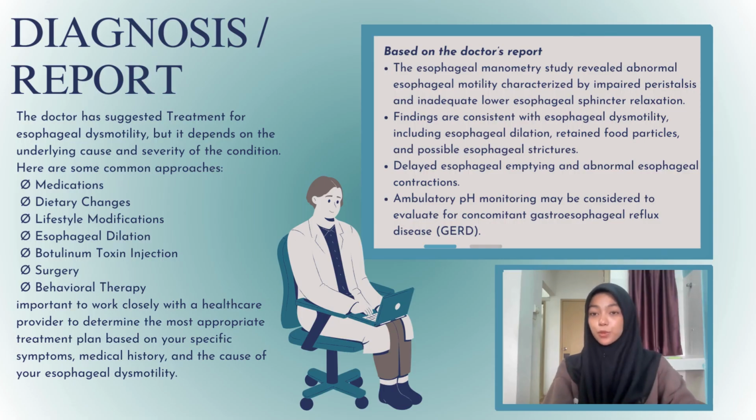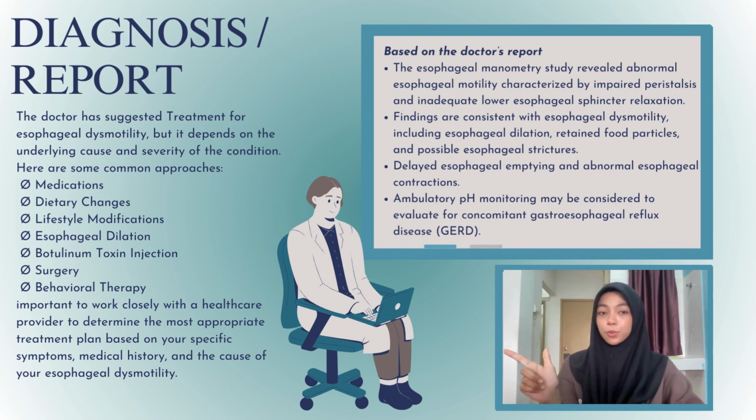After going through all the procedure and image analysis, we're here now with the doctor's report. Based on the doctor's report, the esophageal manometry study revealed abnormal esophageal motility characterized by impaired peristalsis and inadequate lower esophageal sphincter relaxation. Findings are consistent with esophageal dysmotility, including esophageal dilatation, retained food particles, and possible esophageal strictures, followed by delayed esophageal emptying and abnormal esophageal contractions.